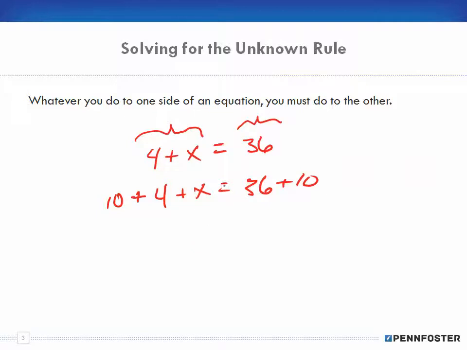The reason that works is because this is an equal sign. It's saying that this is the same as this. So if you change this side by a certain amount, you have to change the other side by that same amount. You can't just add 10 to one side. You have to do both sides of the equation. The equal sign represents the equation, a left-hand side and a right-hand side.